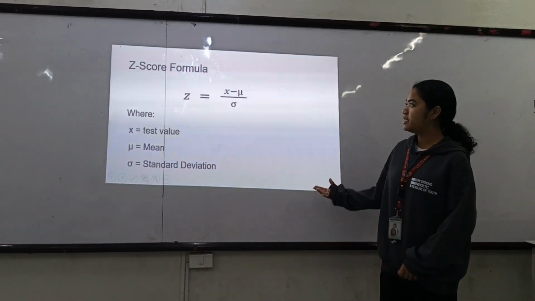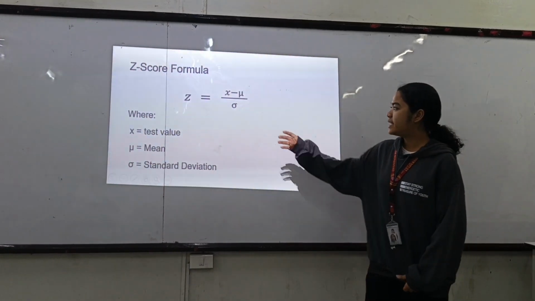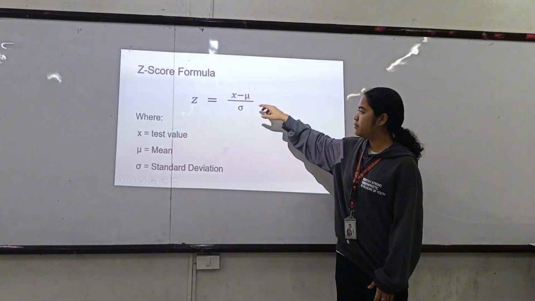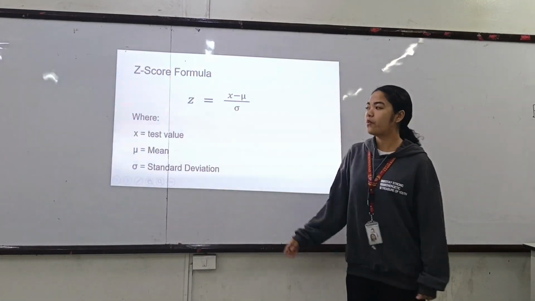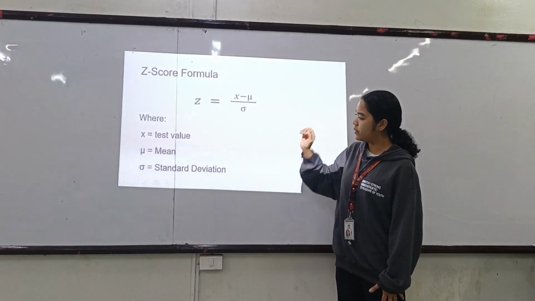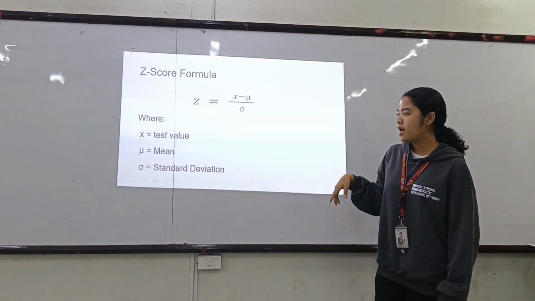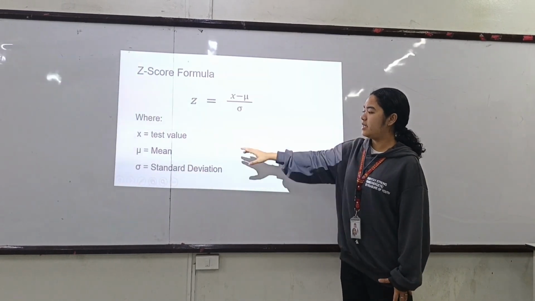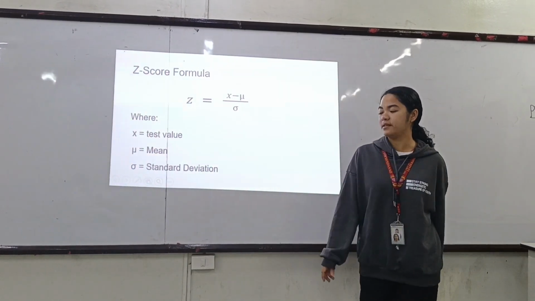So this is the z-score formula. Z is equal to x minus mu divided by sigma, where x is the test value, mu is the mean, and sigma is the standard deviation.